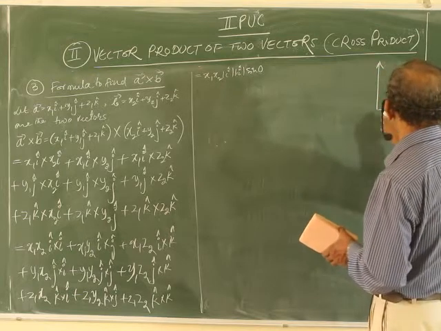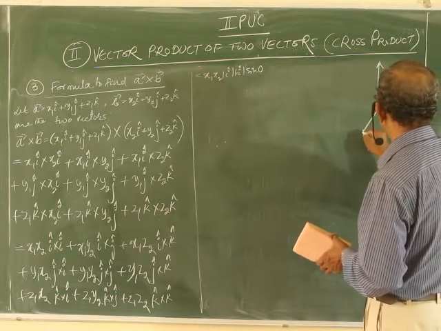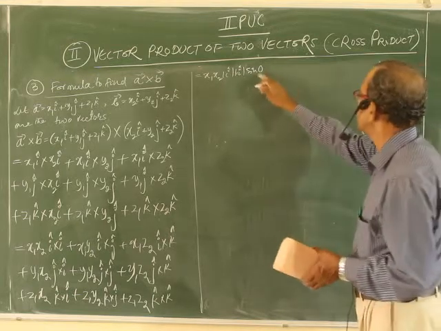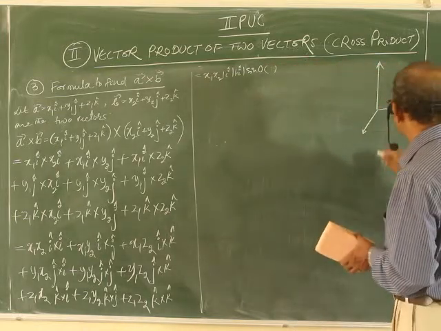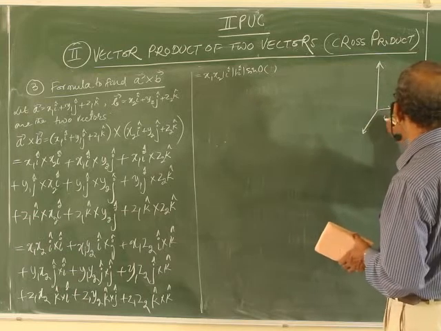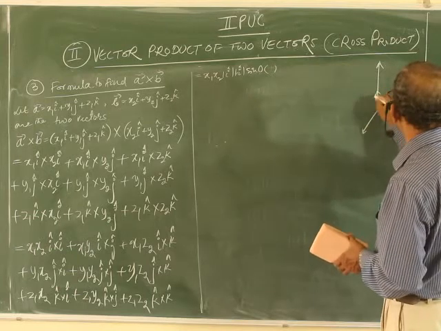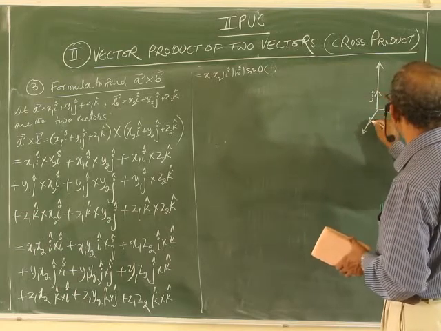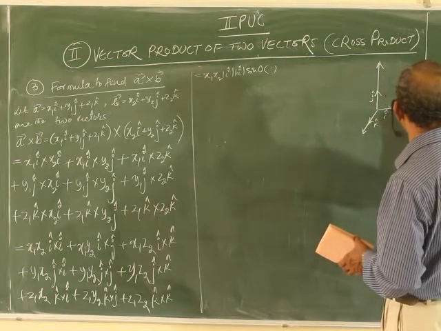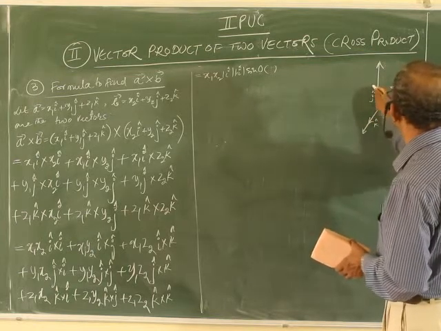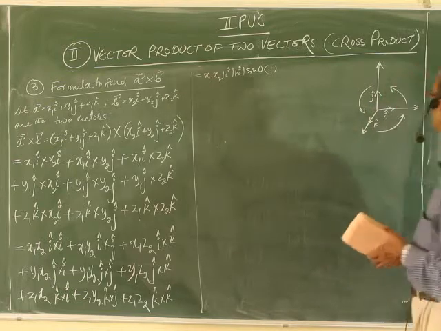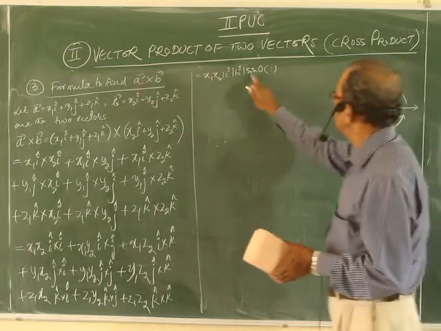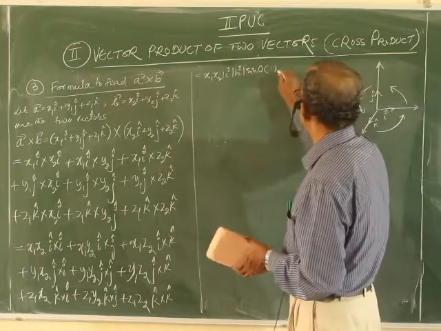Whatever may be the vector, both are perpendicular, but sine 0 is there, so you need not bother about the vector. Right, sine 0 is 0, so you need not bother about this one.